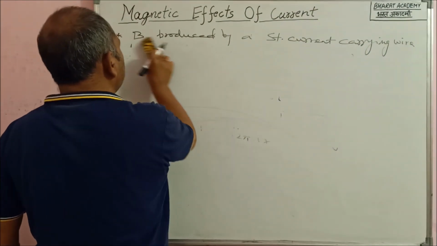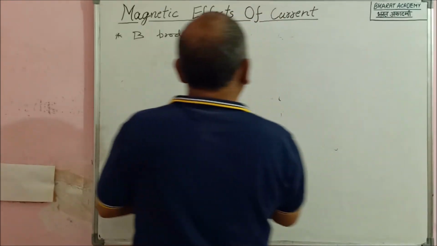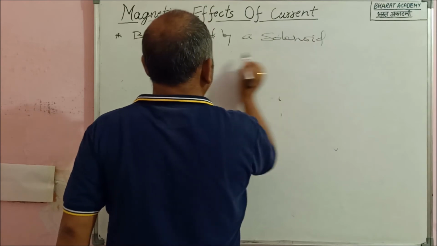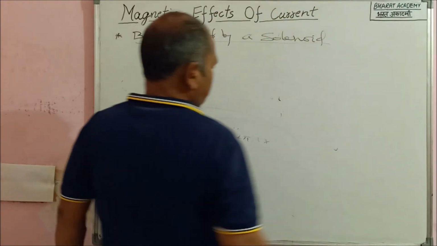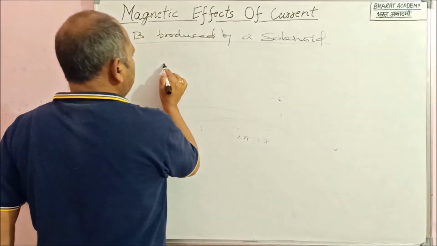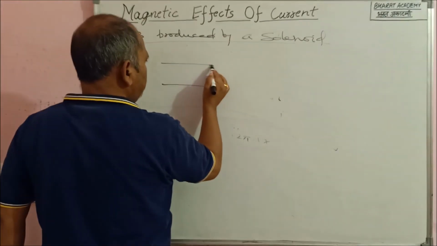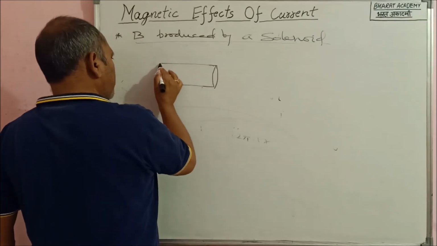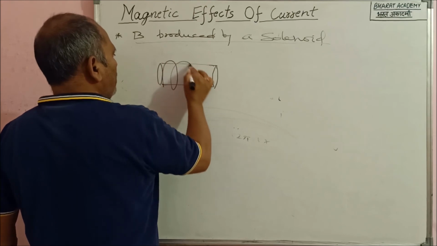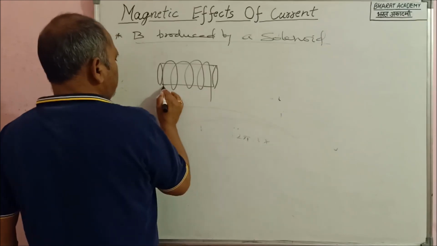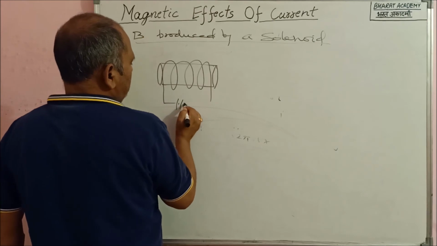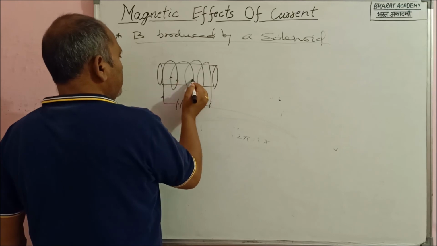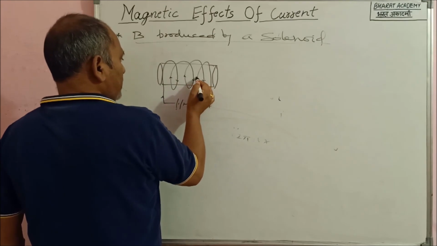Then, the magnetic field produced by a solenoid. So first of all, what is a solenoid? An artificial magnet in which insulated copper wire is wrapped, and when current is passed through it, it starts behaving just like a natural magnet.